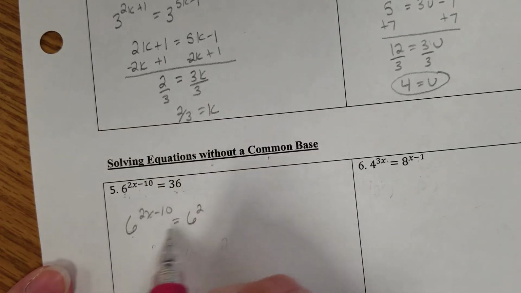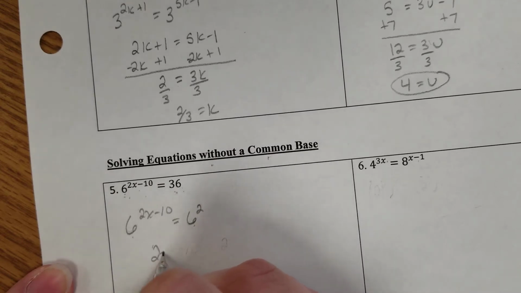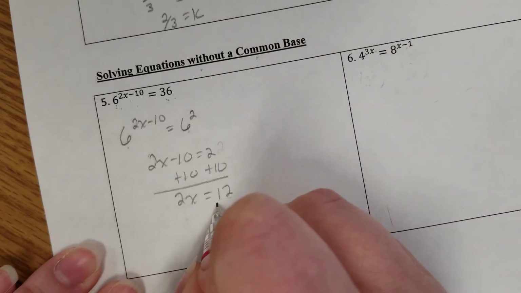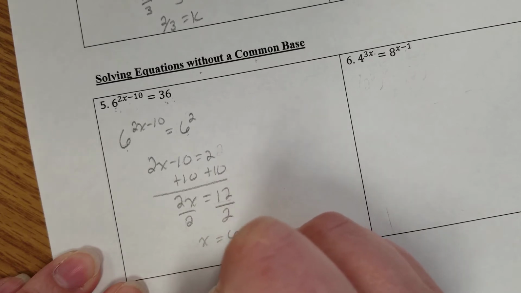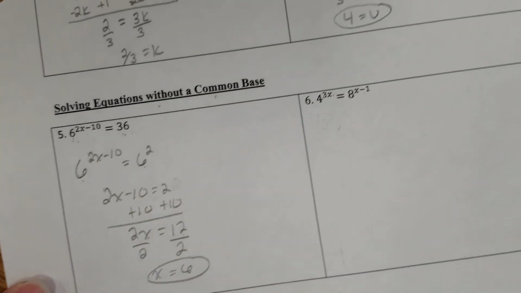And so now that we have the bases of 6, we can set the exponents equal. So we have 2x minus 10 equals 2. So we add our 10, so that we have 2x equals 12, and then divide by 2, so x equals 6. So our answer is x equals 6.